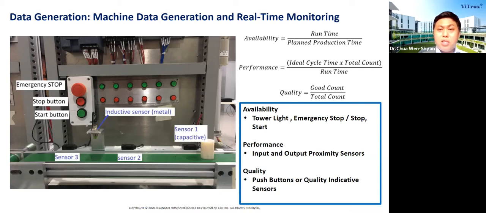Now, performance can be calculated as part in to part out, basically the cycles, your cycle time. So every cycle could be every time you push a button or when a part is moving on the conveyor. And quality, you can determine using sensors or indicators or even your push buttons. So all these are signals from a machine that you can tap to collect data, and then move on to create a dashboard like this on the next slide.